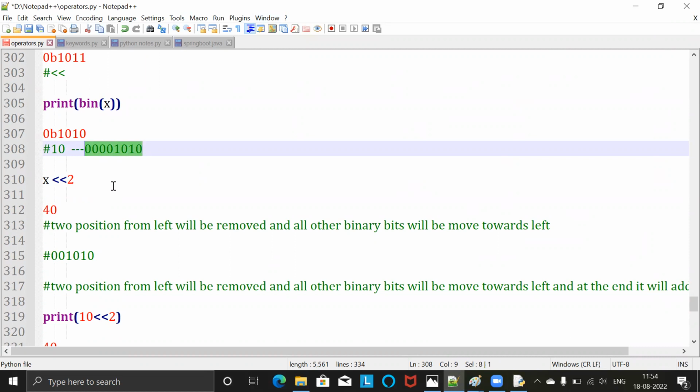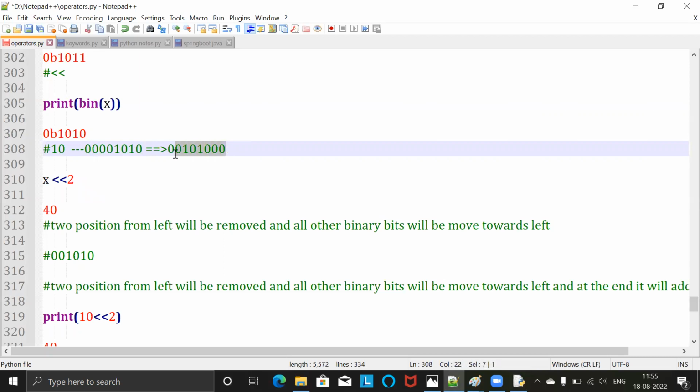In the left shift operator, the first two positions from the left will be removed and all other binary bits will be moved towards the left. Here I got 0 0 1 0 1 0, and in the remaining two positions we add 2 bits, 0 0.